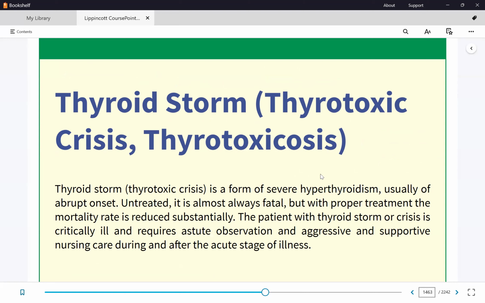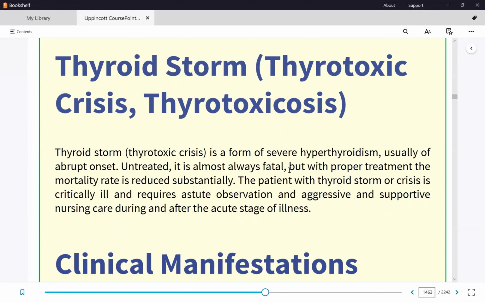Same as hypothyroidism, how did they develop myxedema? They got sick, right? They got ill, or they experienced some form of stressor. Okay, same thing here. So thyroid storm, also called thyrotoxic crisis, is a severe form of hyperthyroidism. Abrupt onset. It can be fatal.